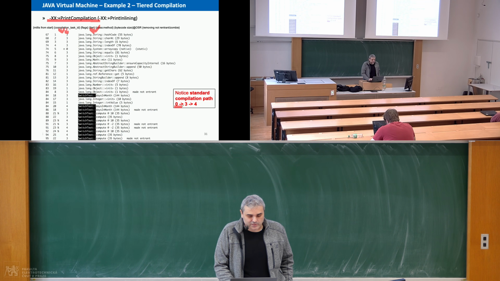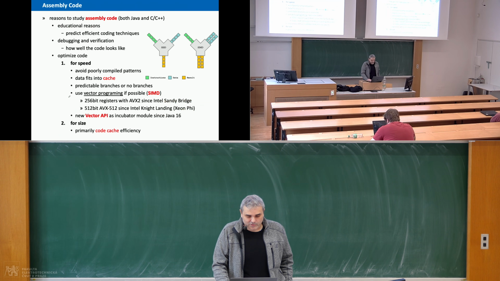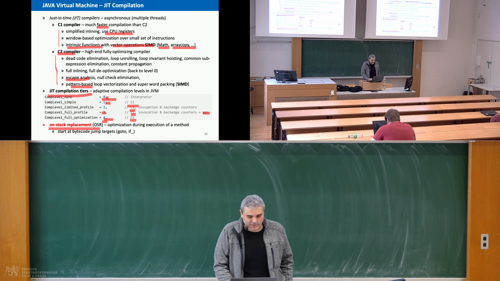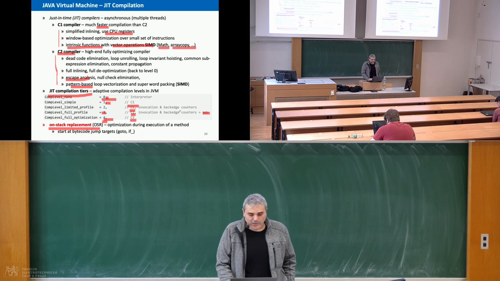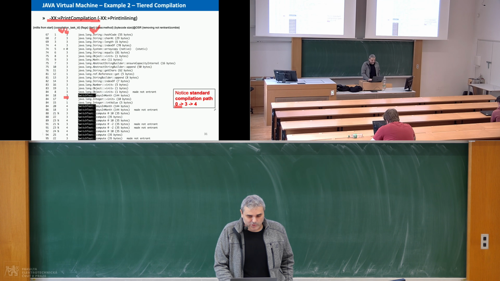So initially it runs at level 0, interpreted, not listed at all. Here you can see 3. In the table on the previous slide, 3 is C1 compilation, including invocation and back edge counters, plus method data tracking. That's what's happening on this slide.